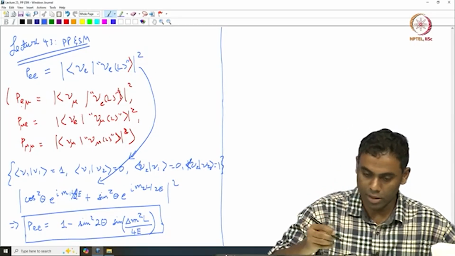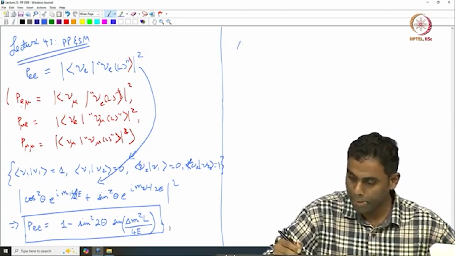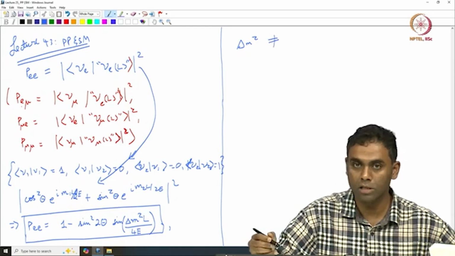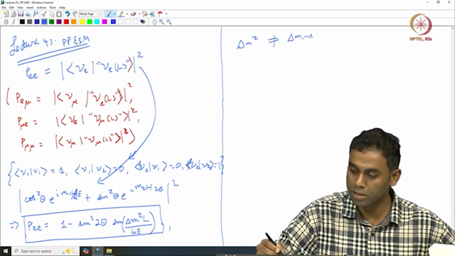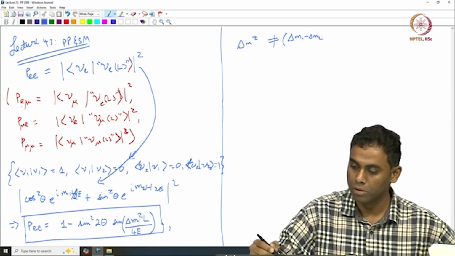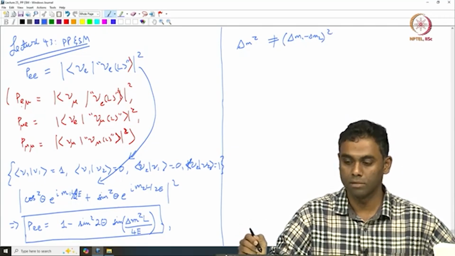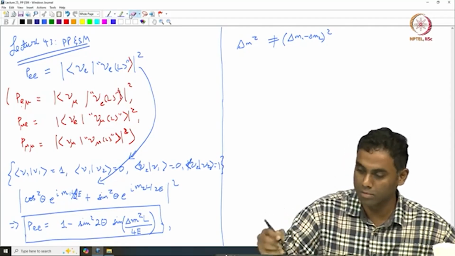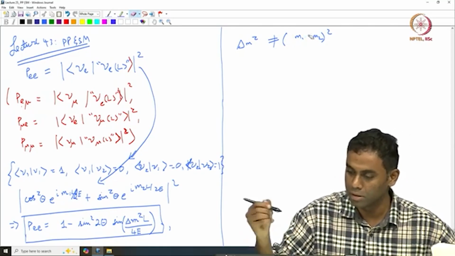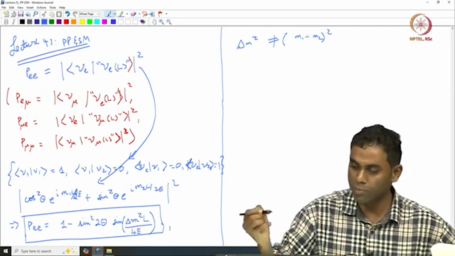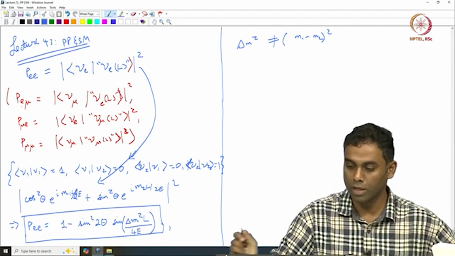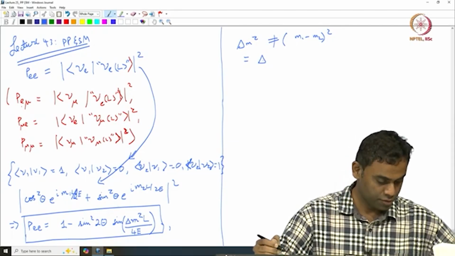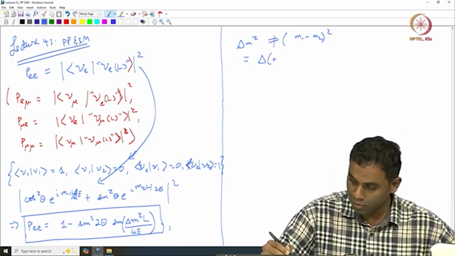Now what is delta m squared here? I will first tell you what it is not. It is not delta m1 minus delta m2 whole squared, nothing like that. Rather, sorry, it is not this obviously because the delta m1 makes no sense. It is not m1 minus m2 the whole squared. What it is, it is actually delta of m squared.